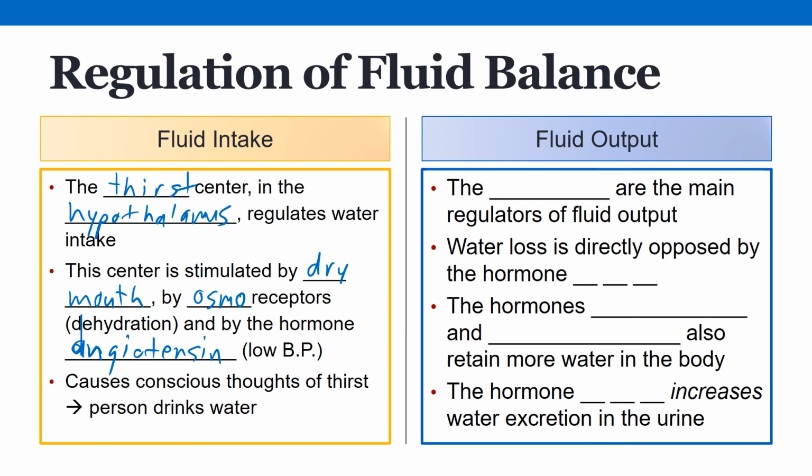And what the hypothalamus does in response is it signals to your conscious brain that you should feel thirsty right now. And hopefully that will lead the person to drink more water, and you will have some fluid intake. But what if we can't increase our fluid intake right now? In that case, we would need to decrease our fluid output.